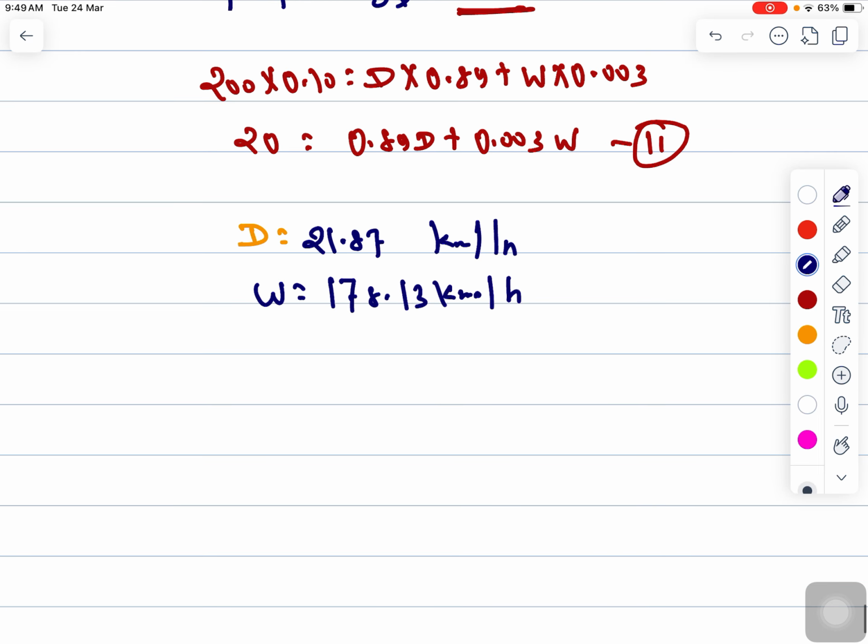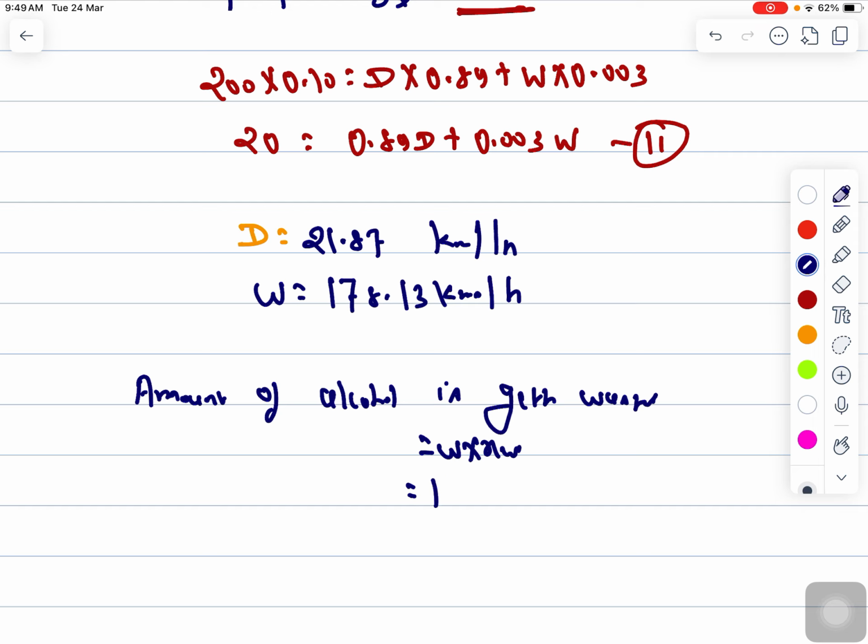So how much alcohol is getting wasted? The amount wasted equals w into xw, right? So 178.13 multiplied by 0.003 gives 0.5344 kilomole per hour.